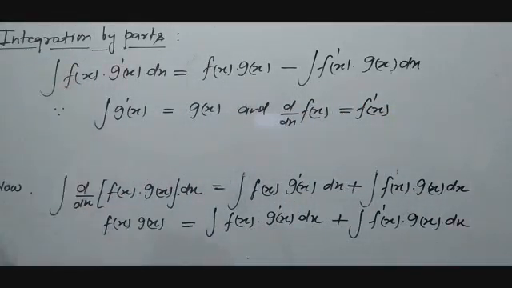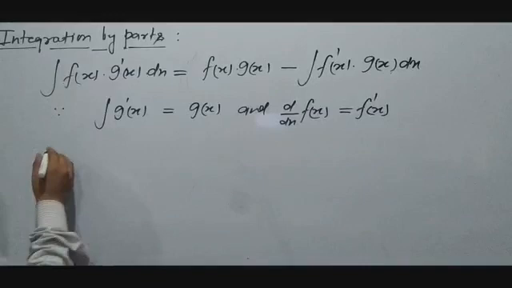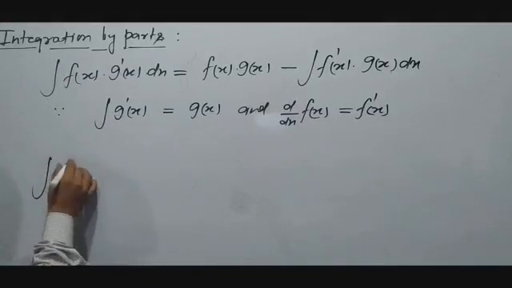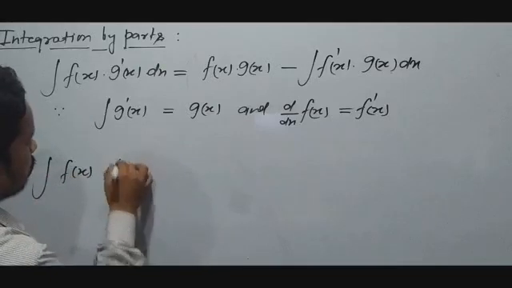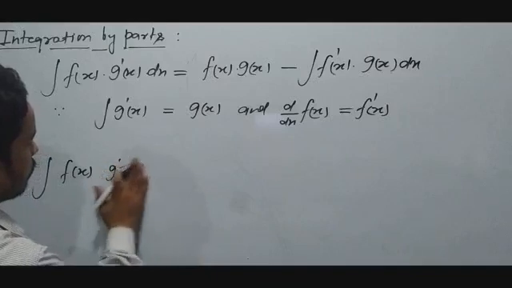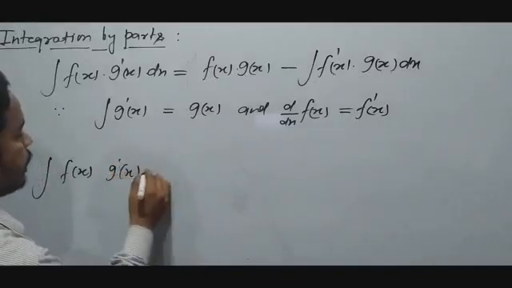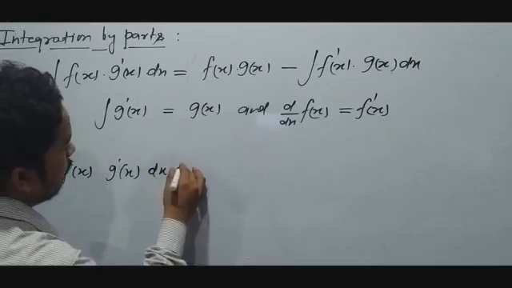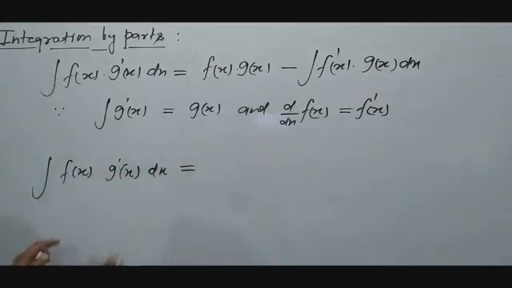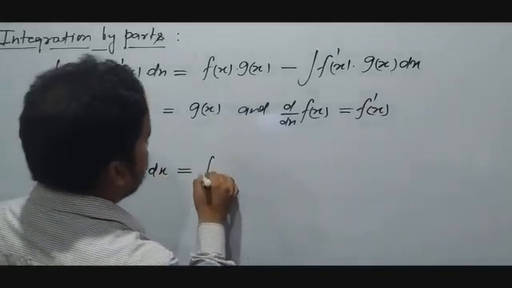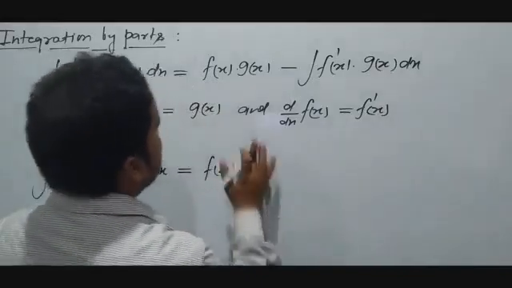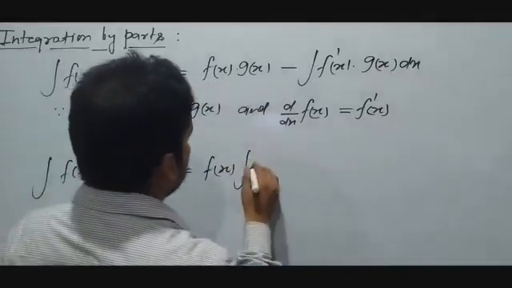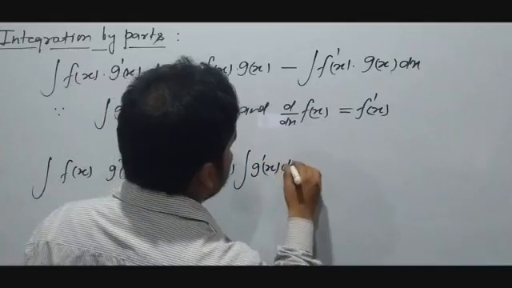So from the above equation you can see the integration of f(x) into g dash x dx is equal to f(x) into g(x), whose result is the integration of g dash x dx.